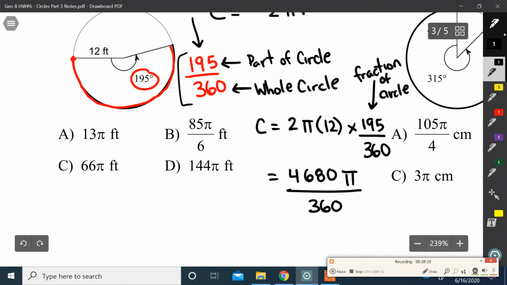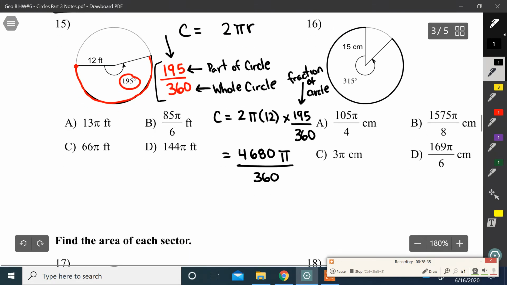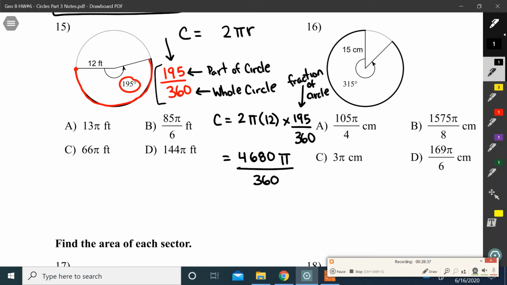Now you're probably wondering, well, Mr. Ordonez, you did this wrong because none of those answers are there. That can't be right. Well, the solutions they're giving you are actually in terms of the smallest fraction. So we do have to simplify that fraction.